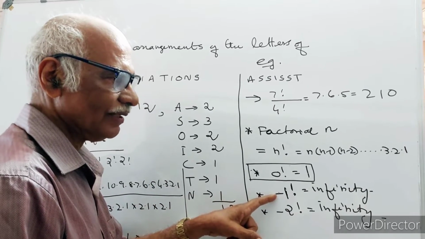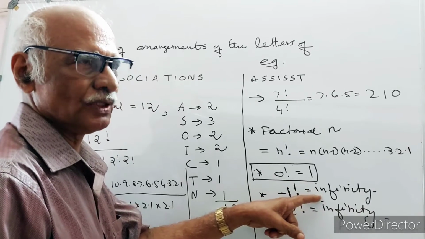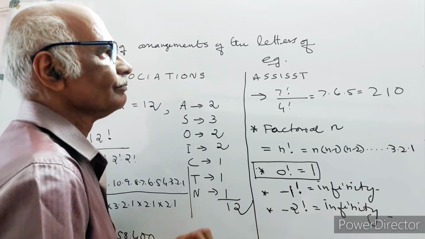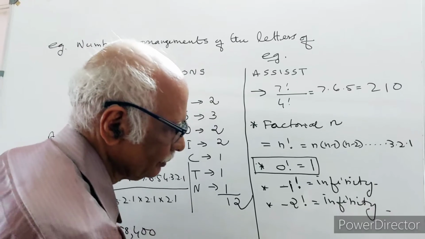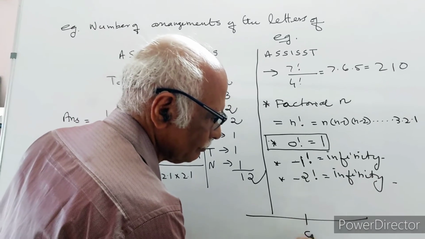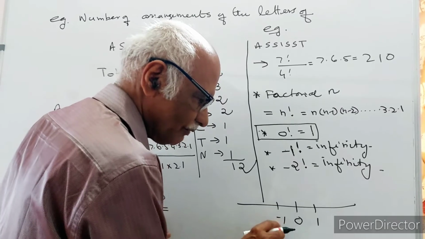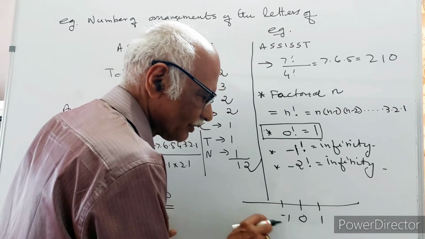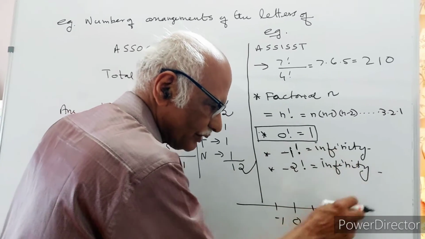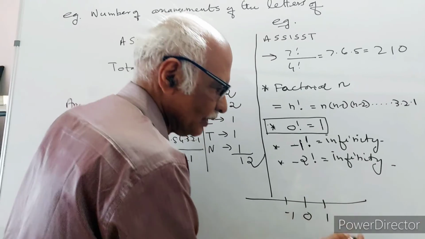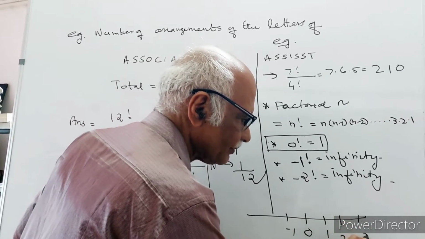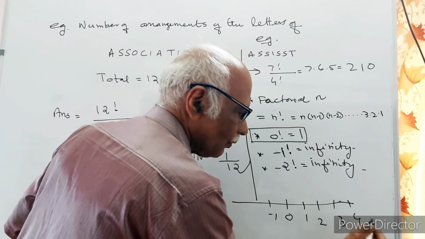Minus 1 factorial is infinity, because you know our problem is to reach 1 from minus 1. So if you move from minus 1, you have to move a lot to come to plus 1. Now if this is 2, this is 3, this is 4.